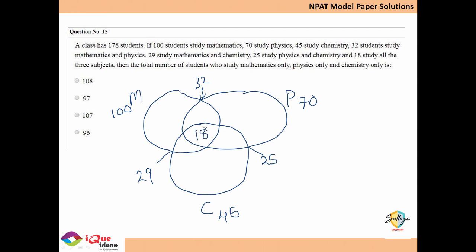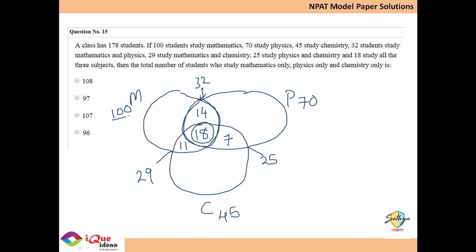So from here we start filling in the data. If this total area is 32, from which all 3 occupies 18, then pure maths and physics and nothing else is 32 minus 18. So this figure becomes 14. Similarly, only maths and chemistry is 29 minus 18, which gives you 11, and only physics and chemistry but not maths is 25 minus 18, which gives you 7.